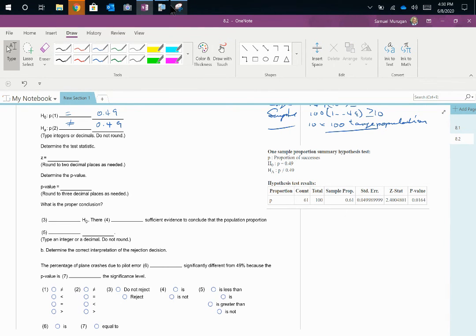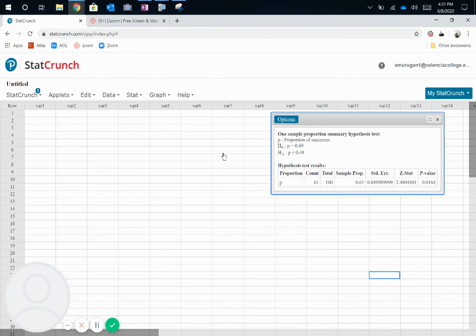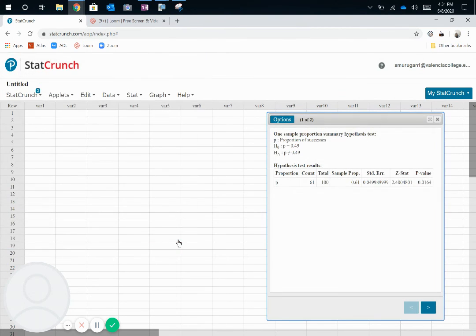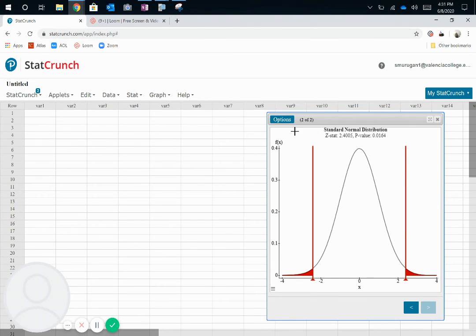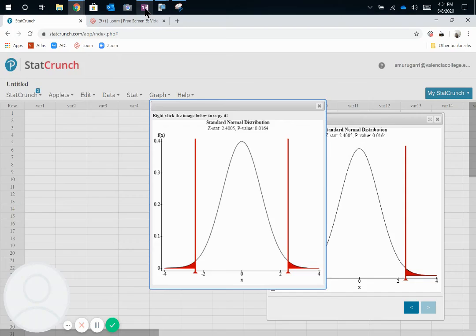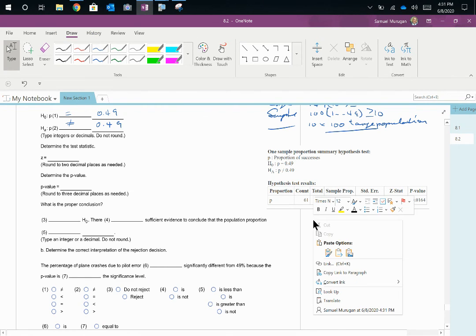And just in case you wanted proof that this was two-tailed, you can go back to options, edit the options, select p-value plot, compute, and then you can see the graph of the two-tailed plot. Some people might want to see that. But if that's you, then we can also show that it's a two-tailed plot.